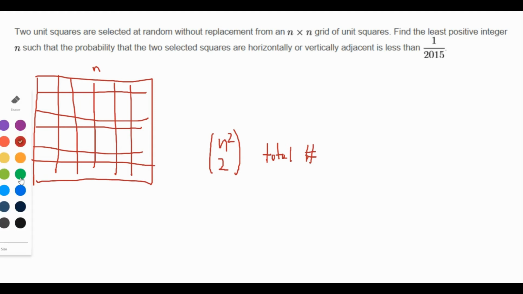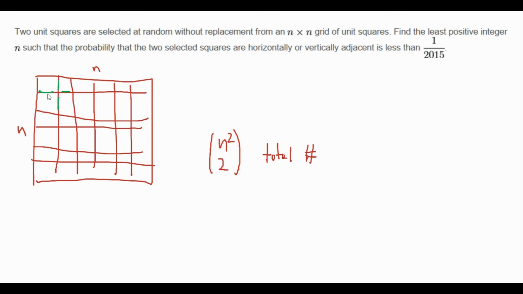Fortunately, this is a much easier task than all the casework that we did before, since when two squares are horizontally or vertically adjacent, they share an edge. For example, this edge, or this edge, or this edge, or this edge. So basically, we just want to count the number of edges in this n by n square lattice. And this is not that hard to do.